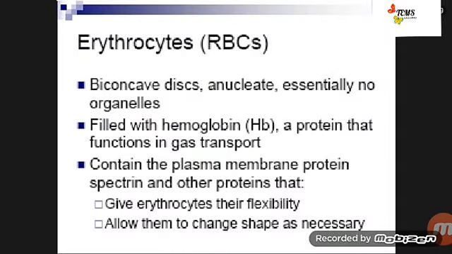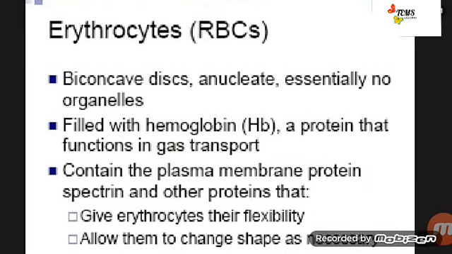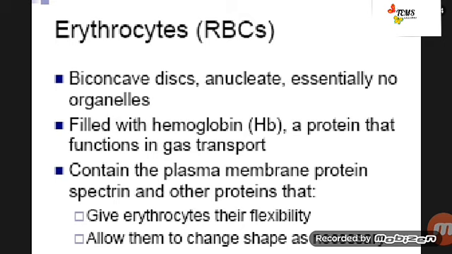The erythrocyte is a biconcave disc, enucleate, essentially no organelles. It's filled with hemoglobin or Hb, a protein that functions in gas transport.